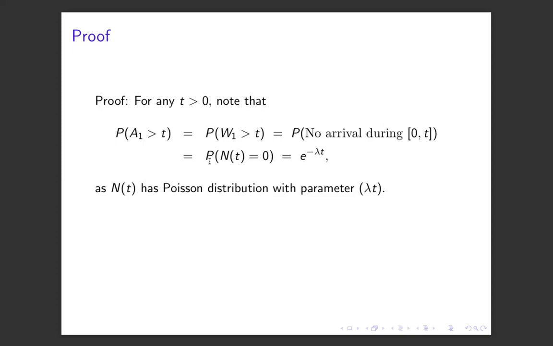And that is the same thing as saying the probability of N_t equal to 0. You look at that theorem which we proved in the last class, Theorem 1, I think it is called. So N_t has a Poisson distribution with parameter lambda t, so the probability of N_t equal to 0 is precisely this.